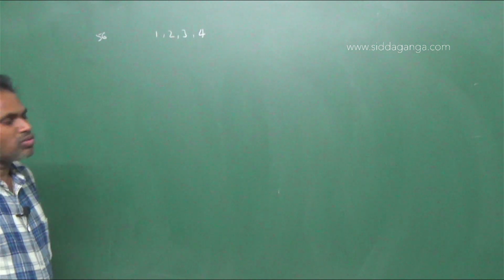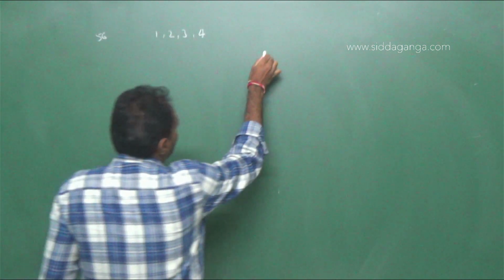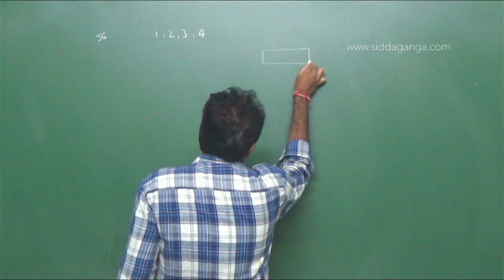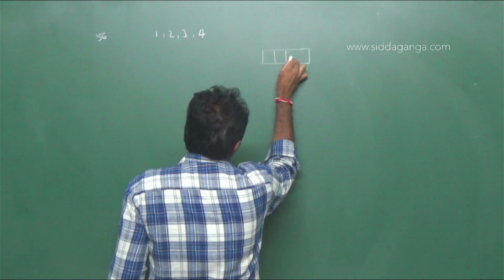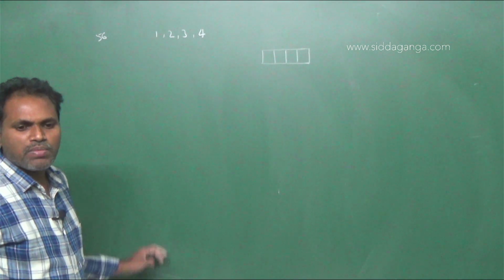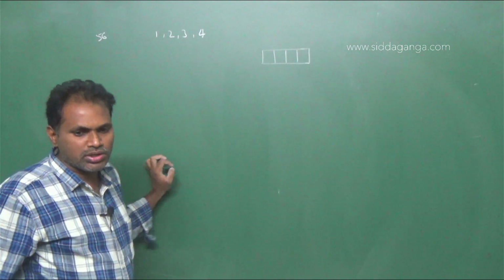Total 4 digits given. Now, 4-digit numbers you have to arrange, because you have to use all the digits. Therefore, we are arranging 4-digit numbers. Now, the sum of the digits in the units place.